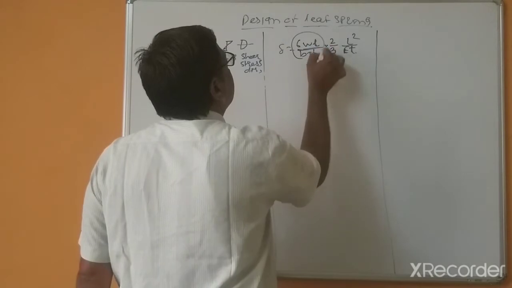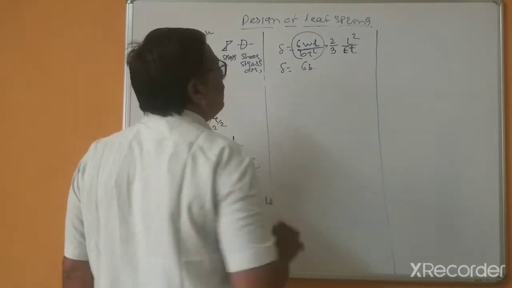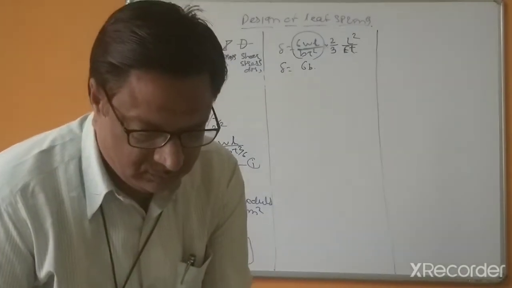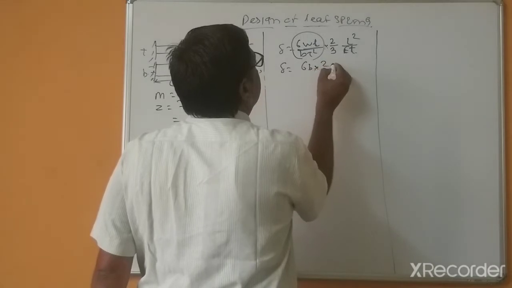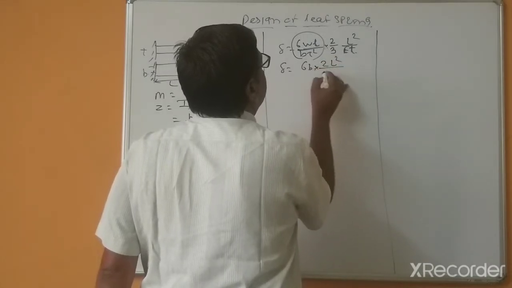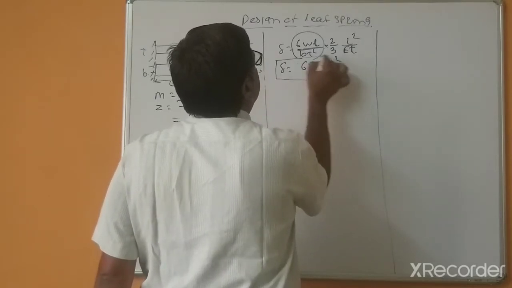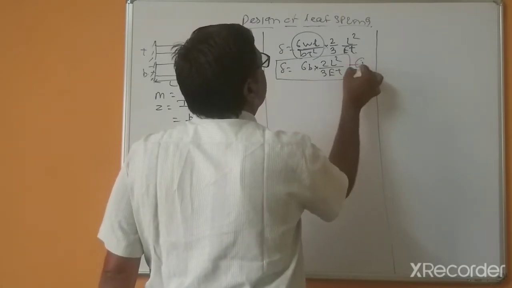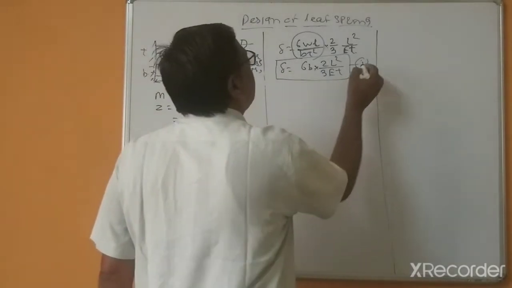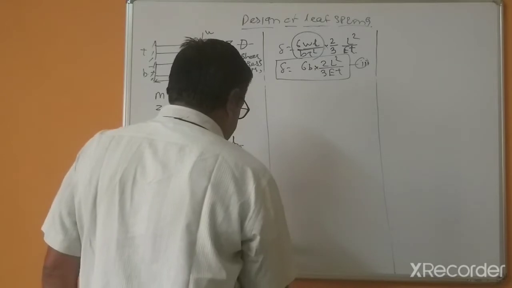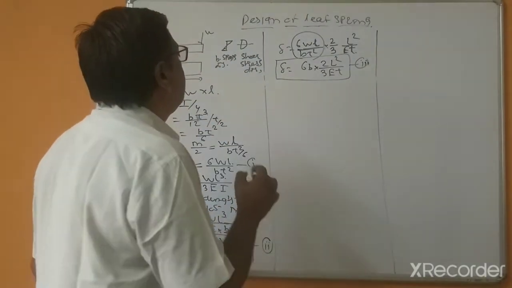So this is nothing but the bending stress multiplied by 2L squared divided by 3Et. And this is, suppose, the second equation. So this is for the cantilever.